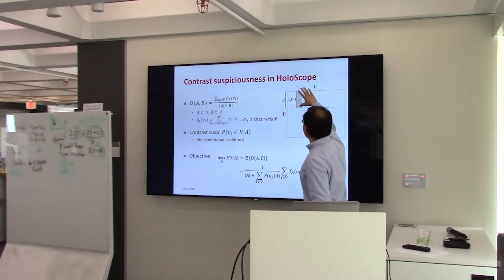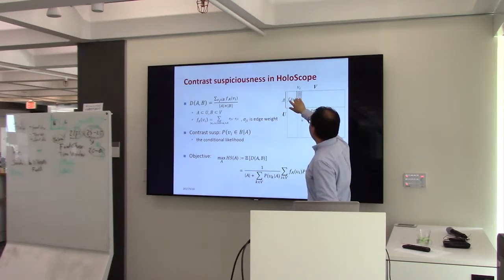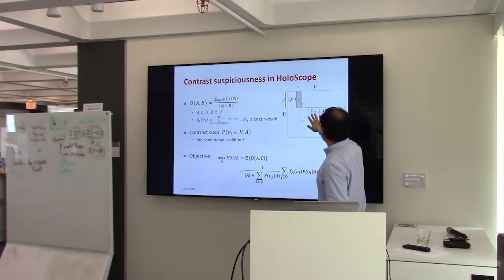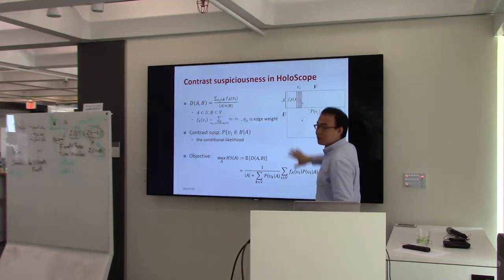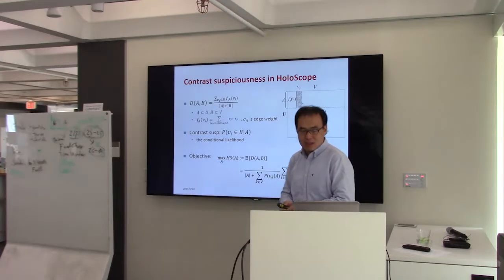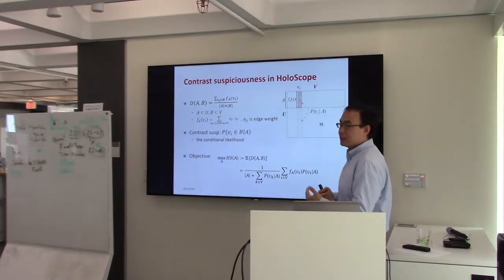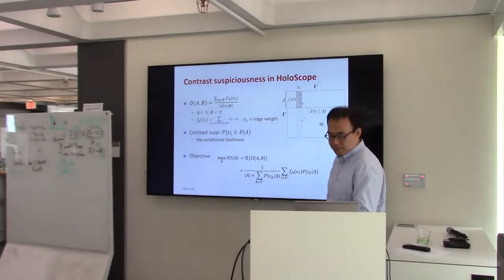Assume this is A, and this is the number of edges A connects to Vi. The contrast probability will be decided by comparing these parts to the connectivities of other users. That's why we call this contrast distributions.